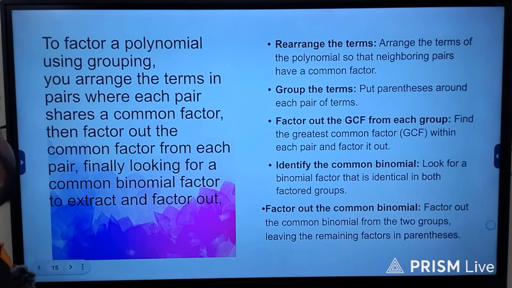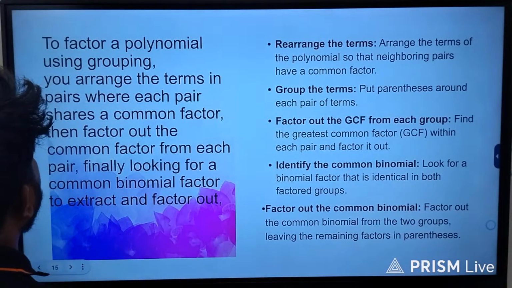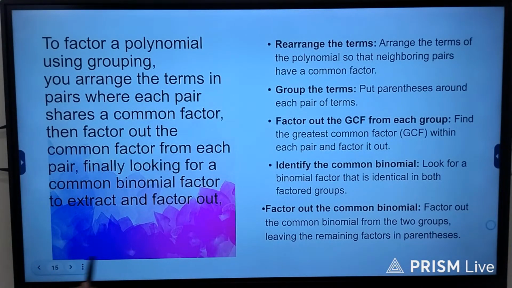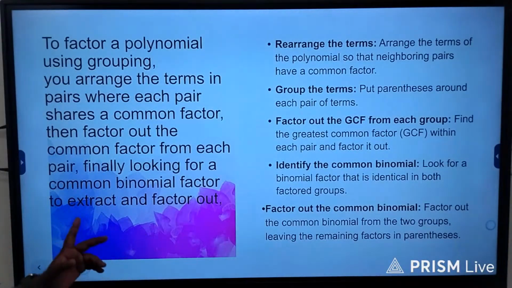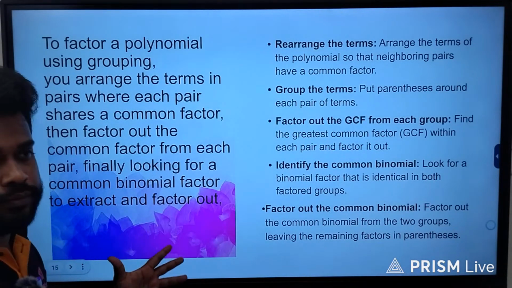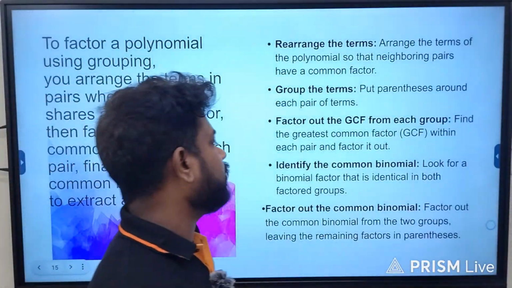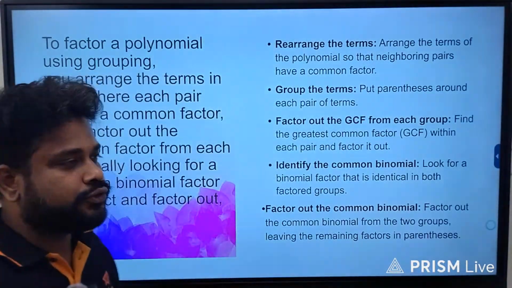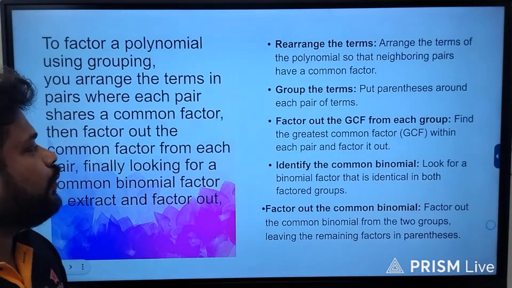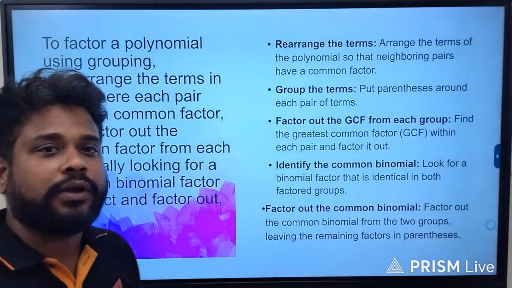Next, to factor a polynomial using grouping, you arrange the terms in pairs where each pair shares a common factor, then factor out the common factor from each pair, finally looking for a common binomial factor to extract. So, rearrange the terms, group the terms, factor out the GCF from each group, identify the common binomial, factor out the common binomial. This is another process where after grouping we are identifying the binomials.